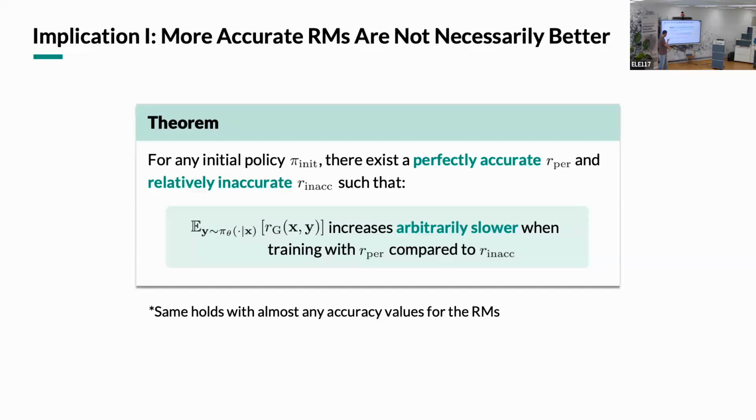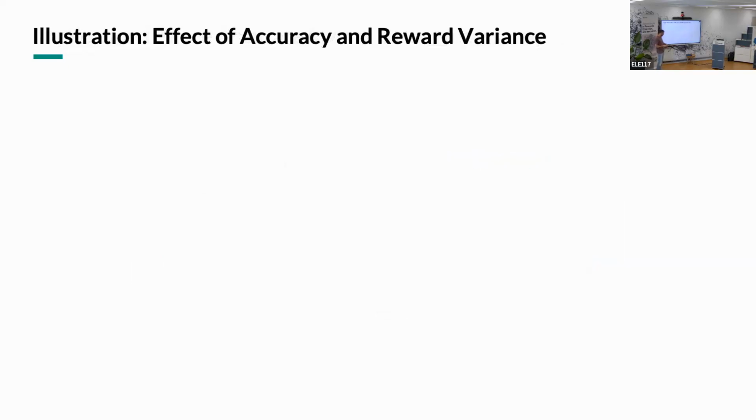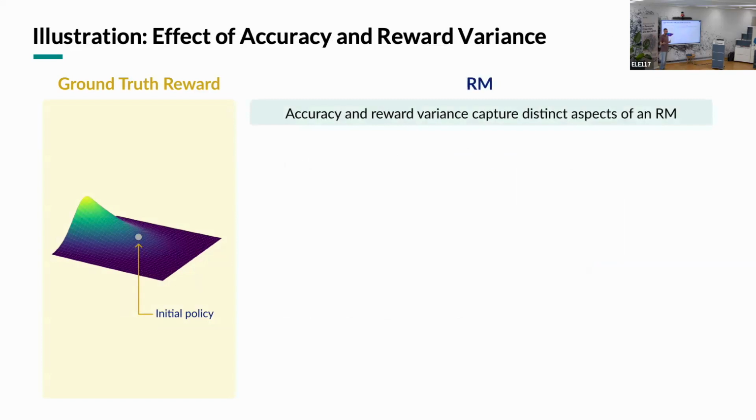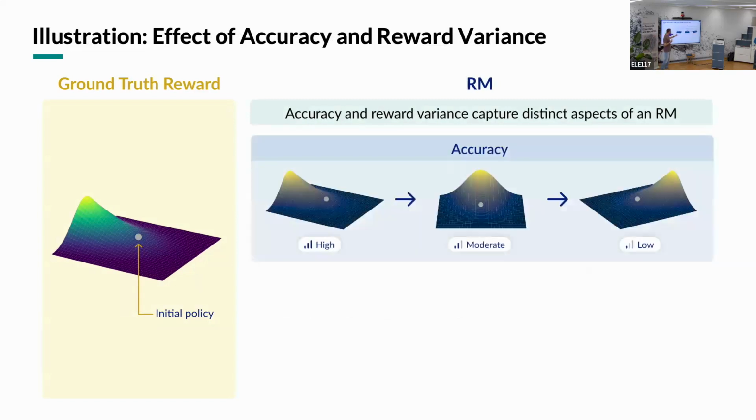Maybe to give a better sense of where this result comes from, as I said, this is the reward surface of the ground truth reward. For a reward model, accuracy and reward variance measure effectively independent properties. Accuracy roughly translates to how much the reward model agrees with the ground truth reward in terms of which directions are good.